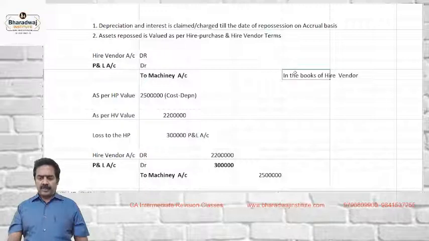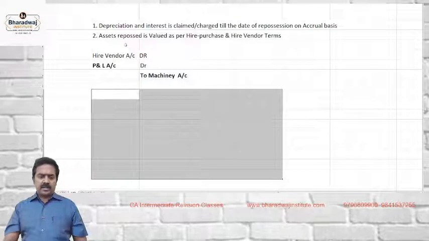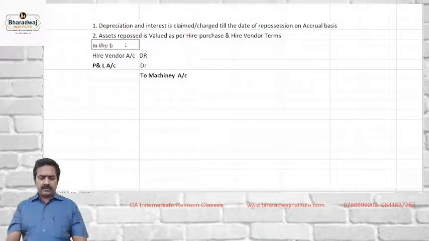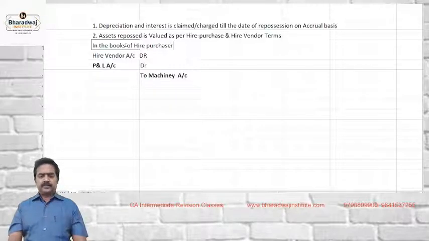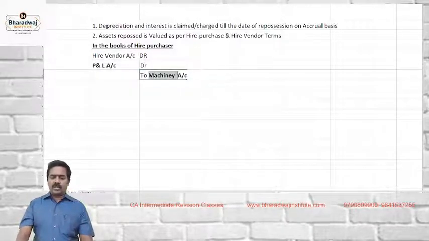This is in the books of hire purchaser. Ignore all these things, we will see in a problem. In the books of hire purchaser, what is the journal entry we will pass? Hire vendor account debit, P&L account debit, to asset account.